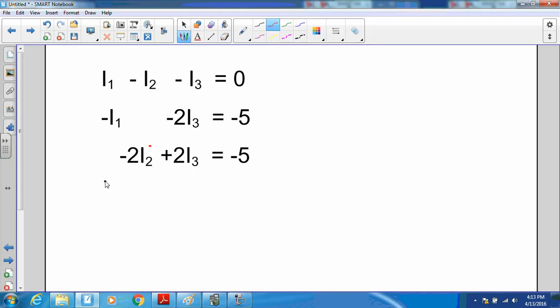And so we chose I1, and we were really happy because I1 requires no multiplication here. We can simply copy our equations straight across.